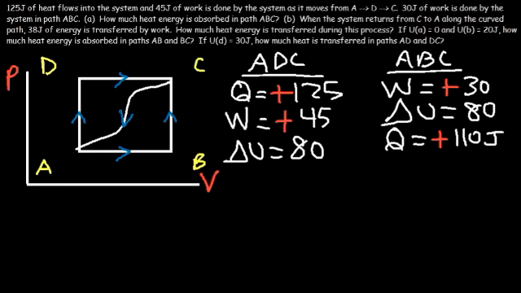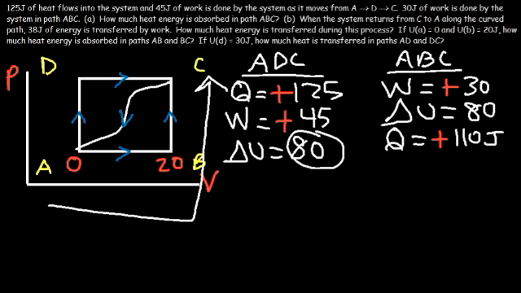Now, what about the next part? If UA is equal to 0 and UB is equal to 20, how much heat energy is absorbed in paths AB and BC? Well, first, let's find the internal energy at C. As we mentioned before, going from A to B to C, the change in the internal energy is 80.